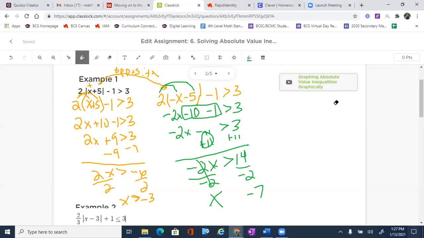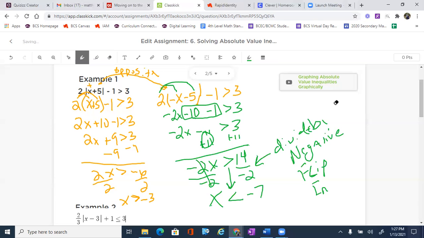But because we divided by a negative, we need to flip the inequality. So that's what I'm going to do here: this flips. That is only because we are multiplying or dividing by a negative.